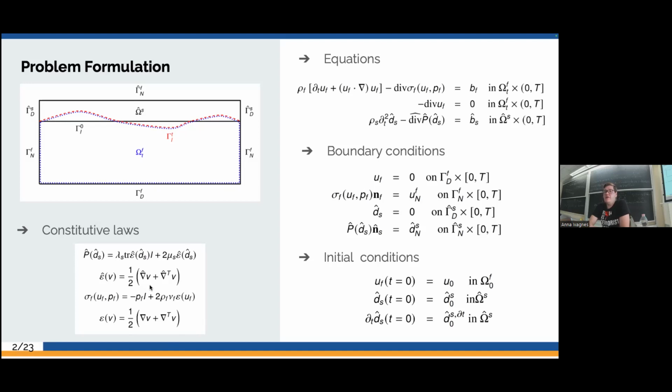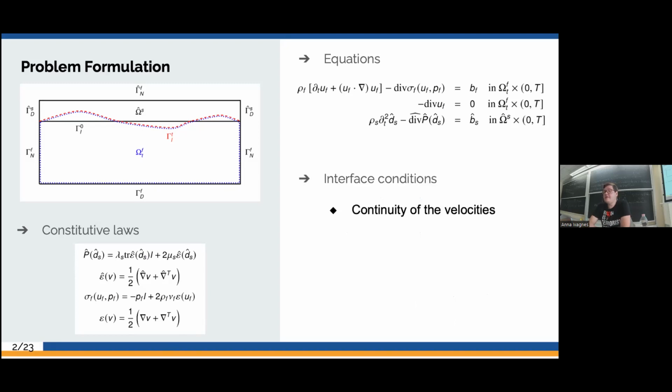And in order to complete the whole problem, we need to impose also the conditions on the interface between the fluid and the structure subdomains. In the case of fluid-structure interaction problems, we consider three different types of interface conditions. The first one is the continuity of the velocities. It is a kinematic condition which imposes that the fluid is attached to the fluid-structure interface.